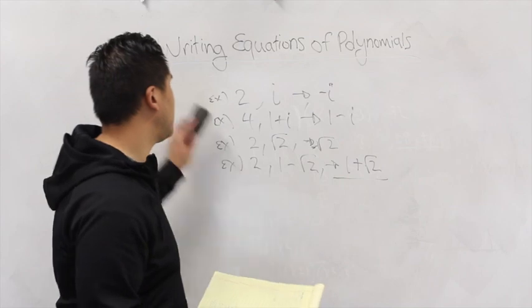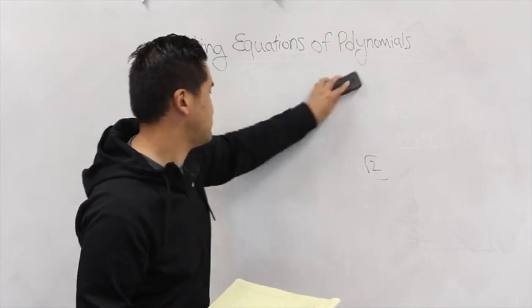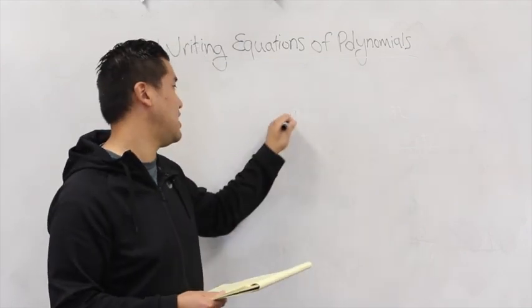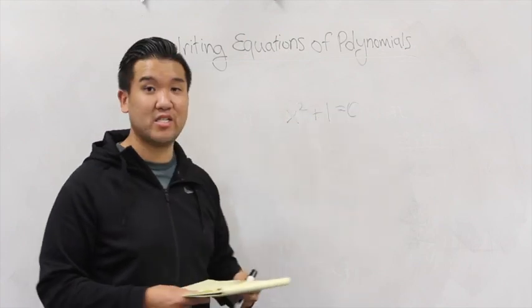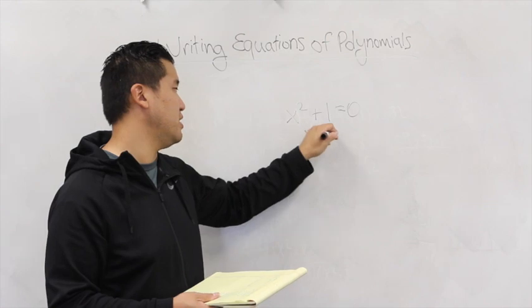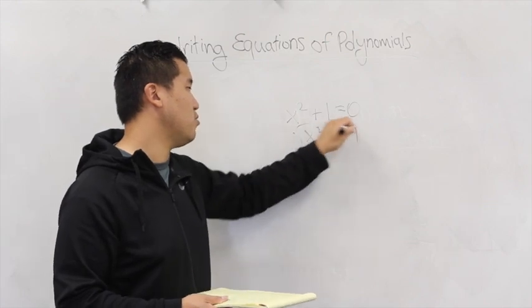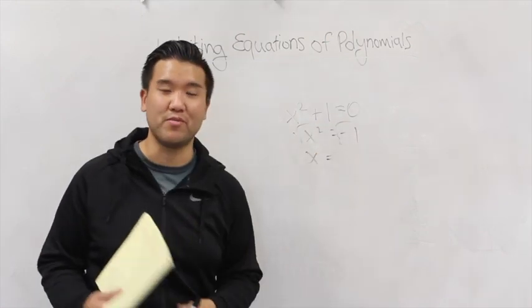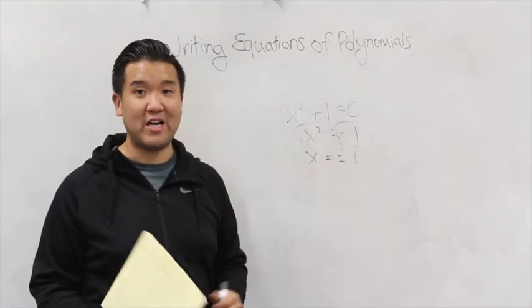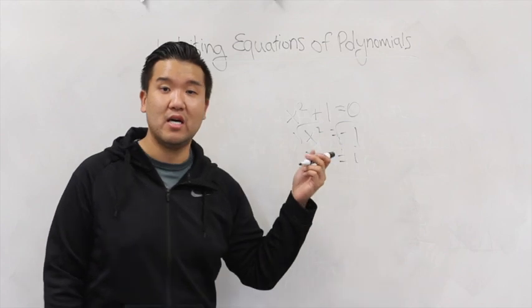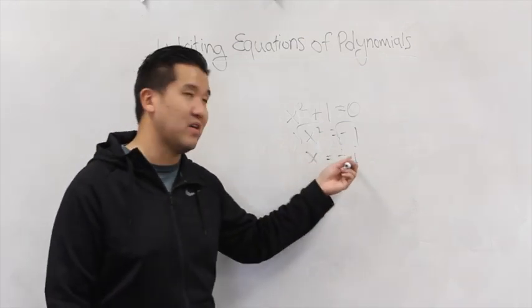The reasoning behind that is, with i's, if I have a problem like this, and I solve it, we subtract 1, and then we square root. Well, what happens when you square root something? You get 2 answers, plus or minus. So if I tell you that i is an x-intercept, you also need to know that negative i is also an intercept.